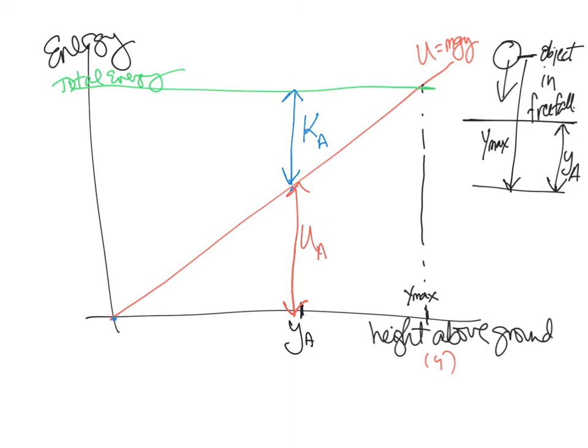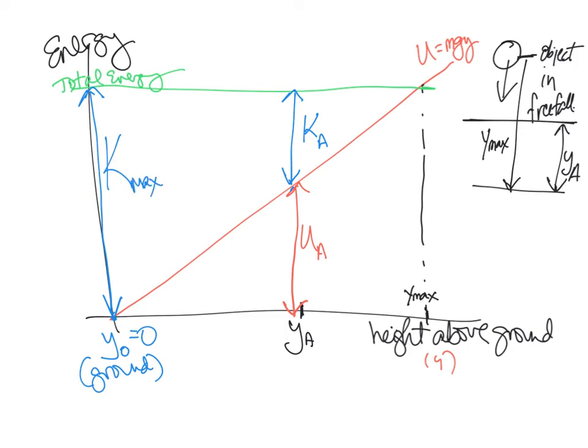So what you can see is that here, at y naught equals 0, that's the ground, or the lowest point which we're looking at, the kinetic energy is the biggest that it can get.